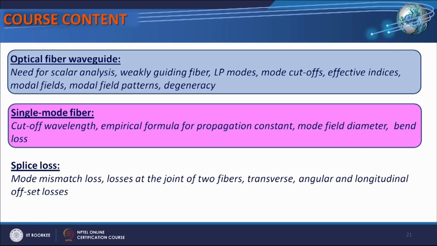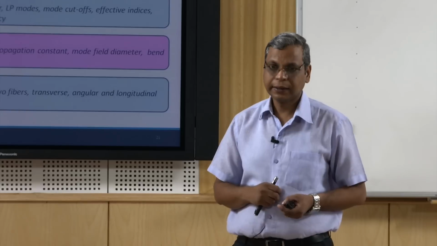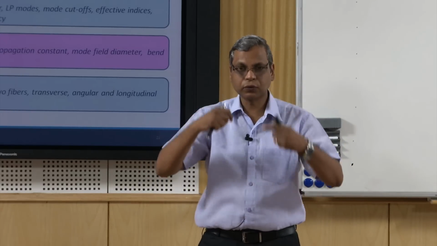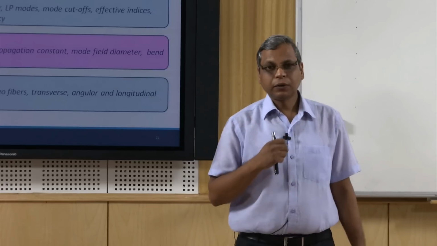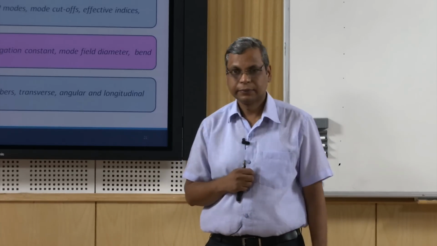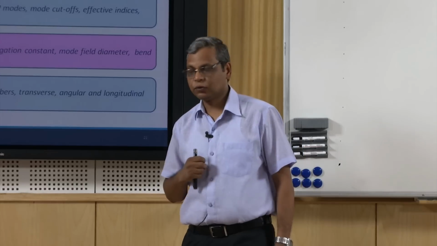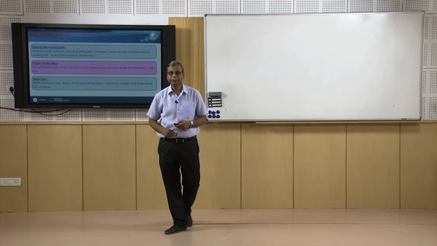Then since this fiber is used over hundreds, thousands of kilometers, it is natural that we will have to join two fibers together at some point. When we join two fibers together, then what happens at the joint? What are the kind of losses at the joint? They are called splice loss. So, we will study about them.